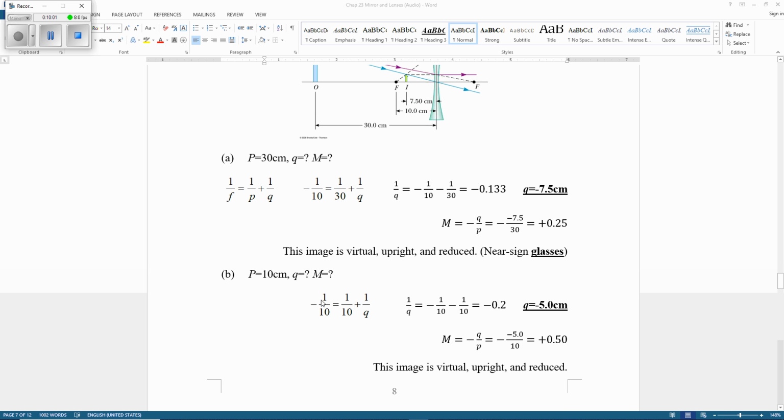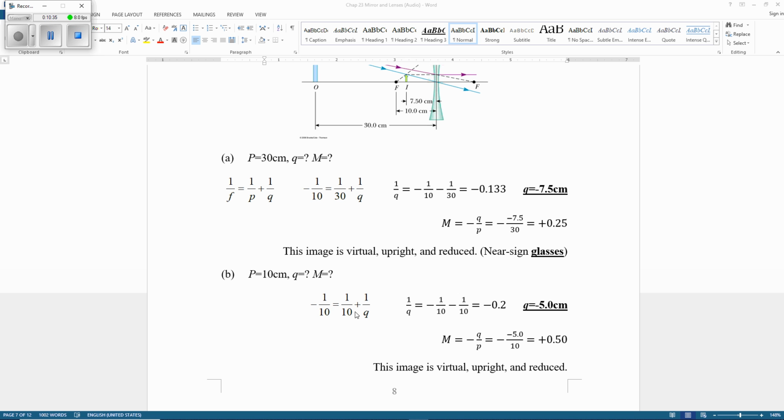Okay, now let's see the second example. We have p equals 10 centimeters, the object distance, and we want to find q and m. So negative 1 over 10, again we need a negative sign because it's a diverging lens. Remember, f is going to be negative, equals 1 over 10, that's p, plus 1 over q.